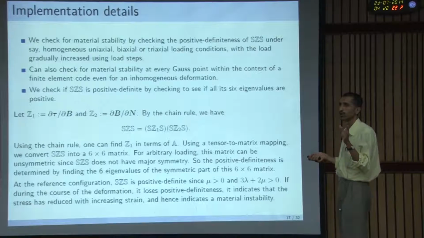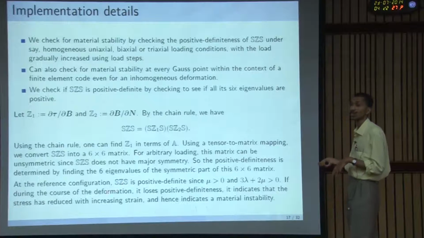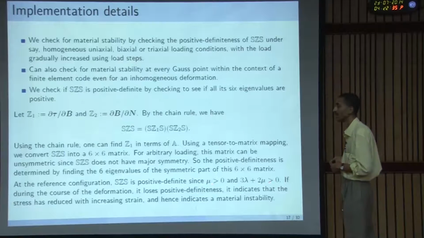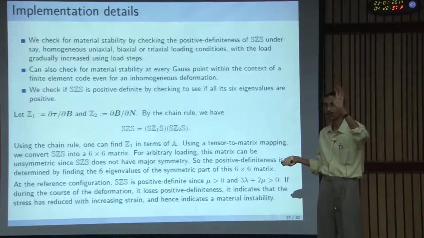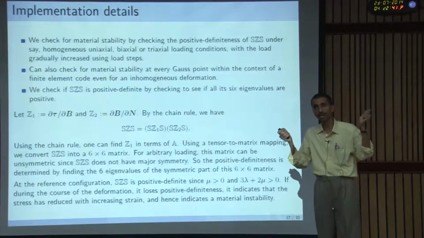So the thing is like this. When you start at the reference configuration, this Z is positive definite because one can show that the positive definiteness of this is equivalent to mu greater than 0 and 3 lambda plus 2 mu greater than 0. So when you start at the reference configuration, it is positive definite. Now you start the loading.